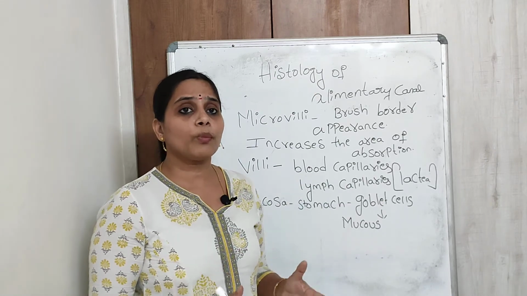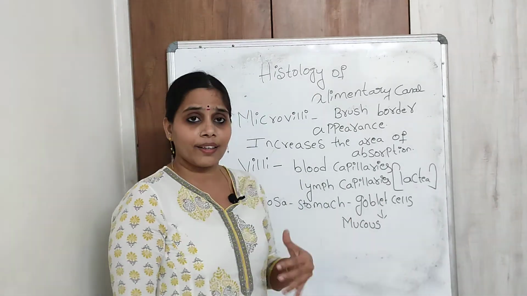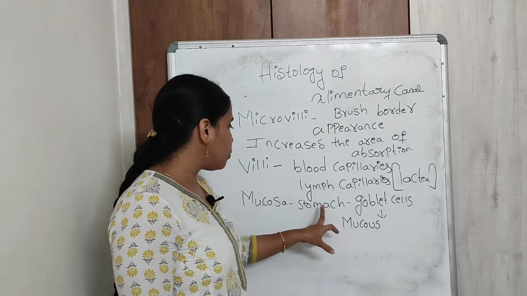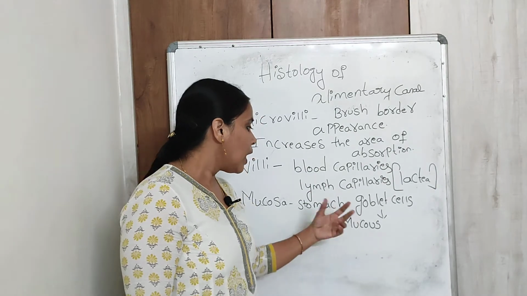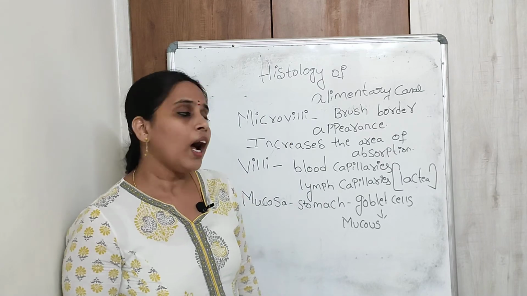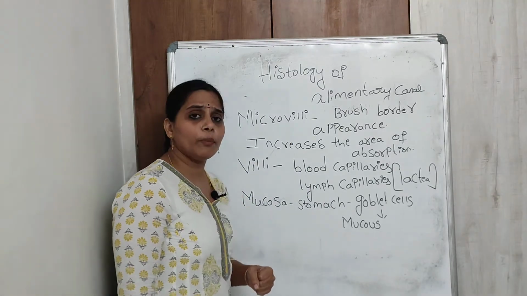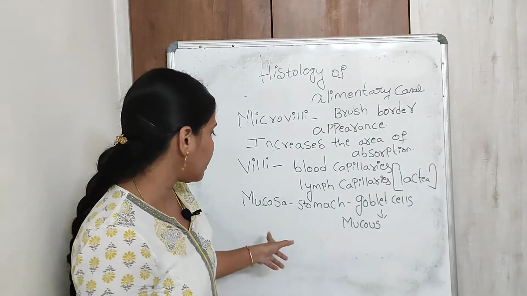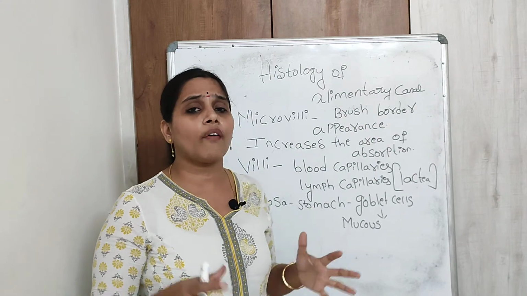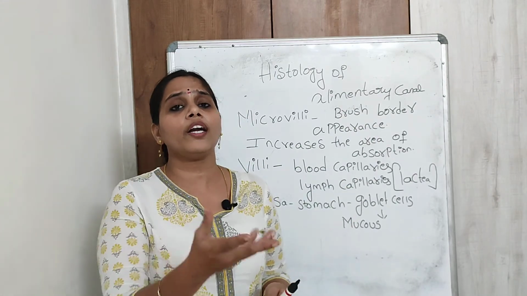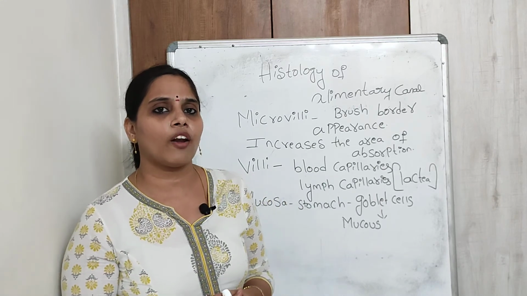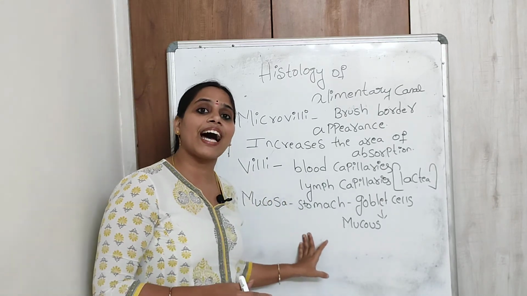So the stomach has to be protected from its own acids. So the goblet cells present in the mucosa of the stomach secrete mucus, which protects the stomach from the action of its own acids.